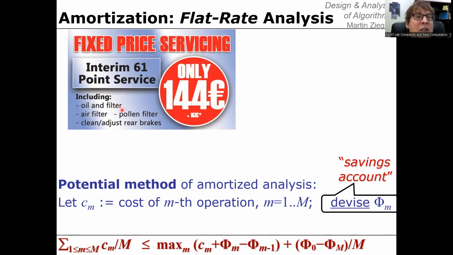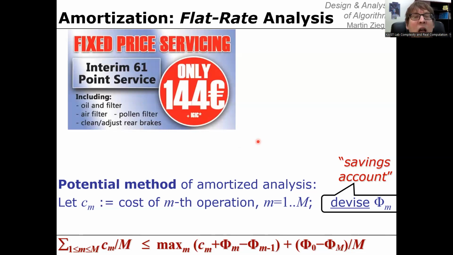So they charge 144 euros for repairing your, let's say, car: oil and filter, air filter, pollen filter, clean, adjust rear brakes. It's always just 144 euros, regardless of the actual cost, right? So that's why it's called fixed service or flat rate service.